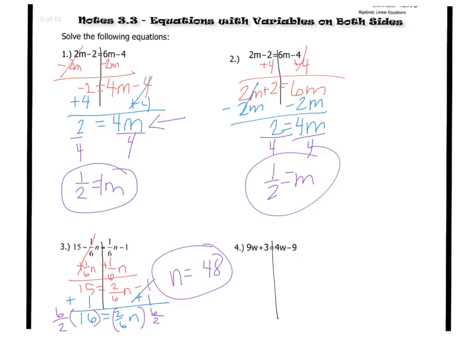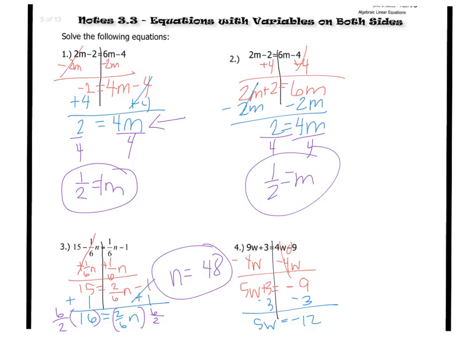And the last one, we're going to subtract 4w from both sides. So 5w plus 3 equals negative 9. Remember that the subtraction sign does carry down to make it negative. Subtract 3 from both sides. 5w equals negative 12.